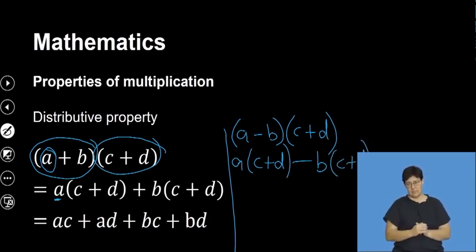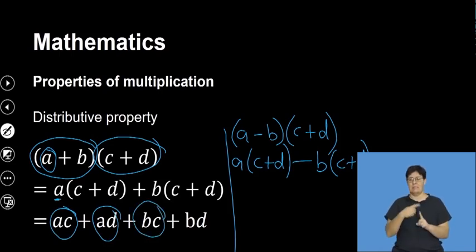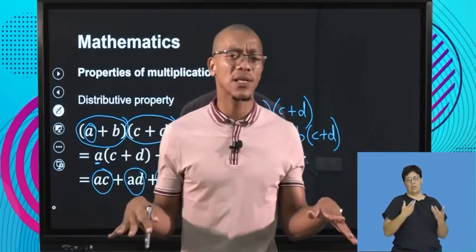So I don't change the sign. You maintain the originality of that sign. And if you do multiply this using what we've spoken about, it will be AC, this will be AD, that will be BC, and that will be BD. Then from there you can see that you really cannot do anything there because those are not like terms, right?